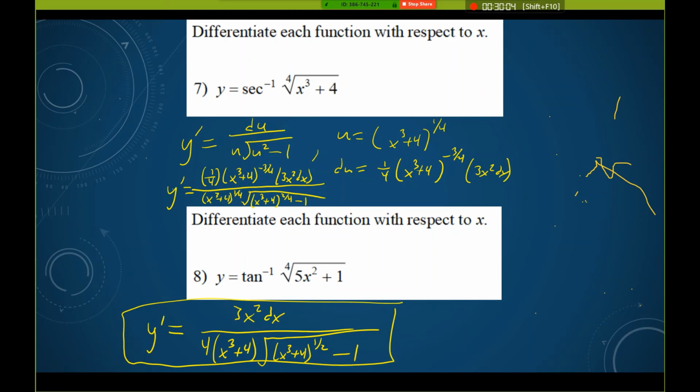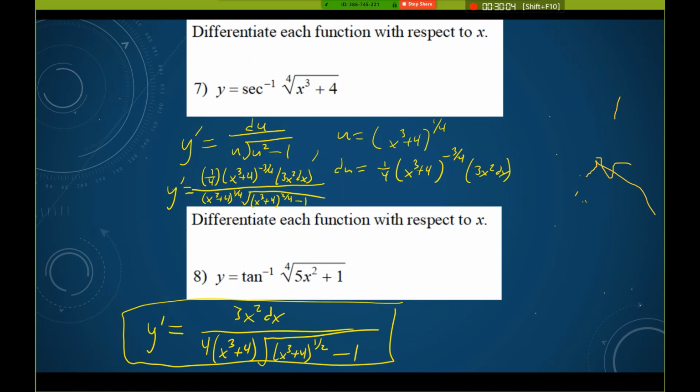Okay, so that's good for derivatives. For integration, we'll be working backwards. So this is in the form of arcsine, since the integral of dx over root a squared minus x squared is equal to the arcsine of x over a plus c.